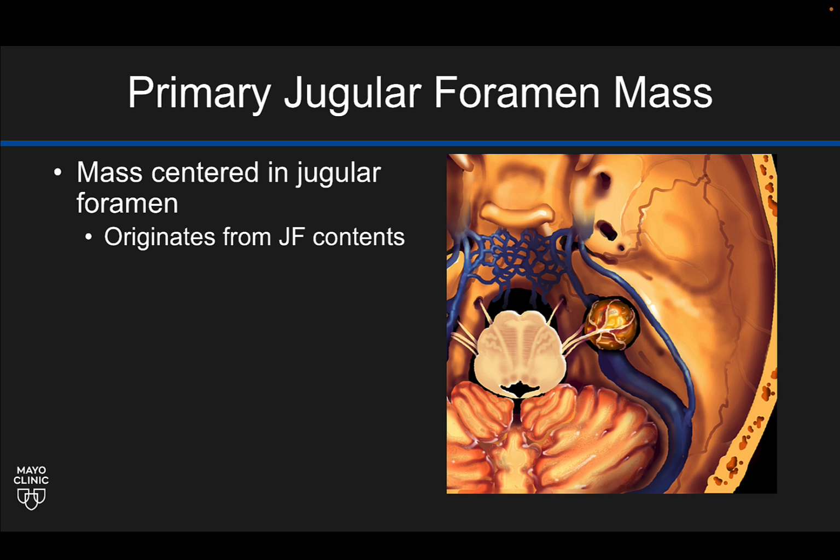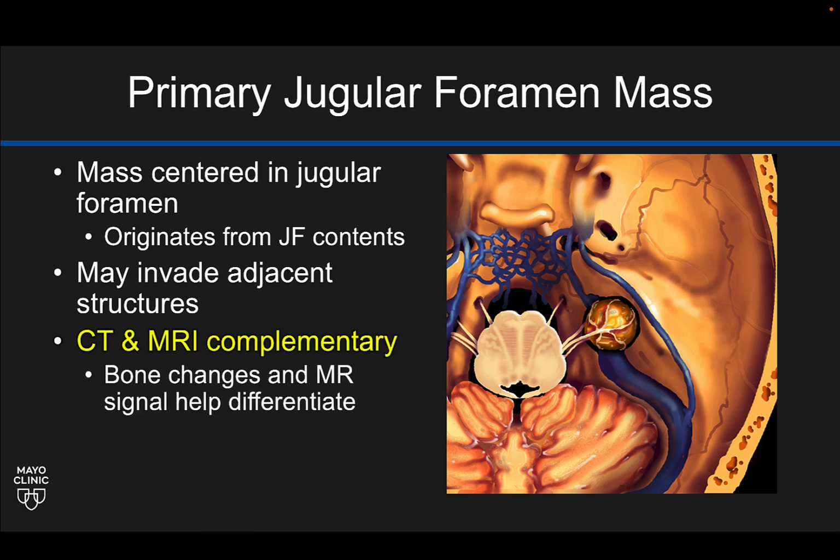Whenever we're dealing with a mass that's centered in the jugular foramen, as I've hinted at before, it typically originates from one of the anatomic constituents of the jugular foramen. Now, it can also extend outward, it can invade adjacent structures, and this is an area where CT and MRI are complementary for trying to tease some of this out.